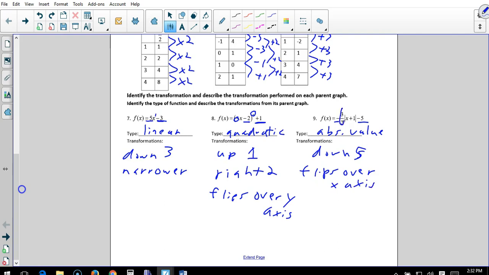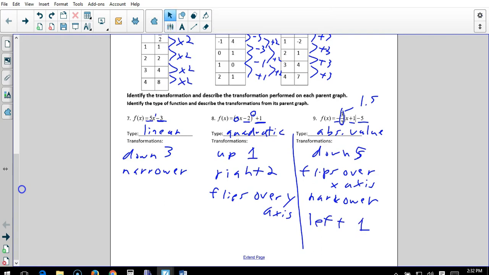The 3/2, even though it's a fraction, remember that's really 1.5. So that makes it narrower. And this +1, since it's inside, does not make it move right, it makes it move left 1.